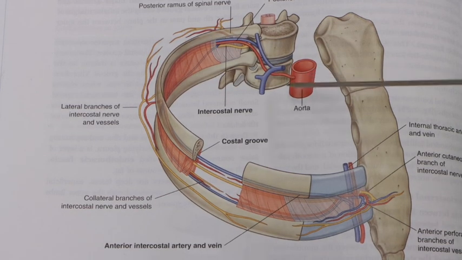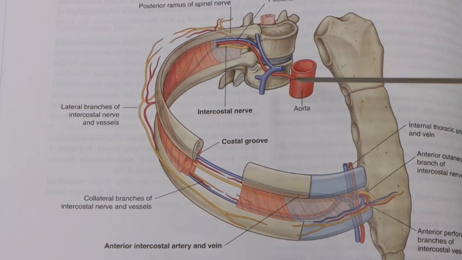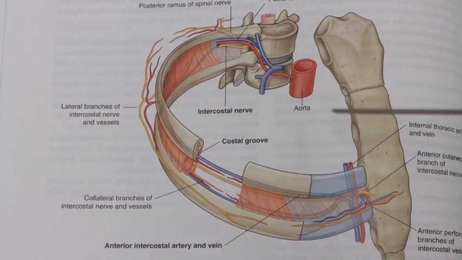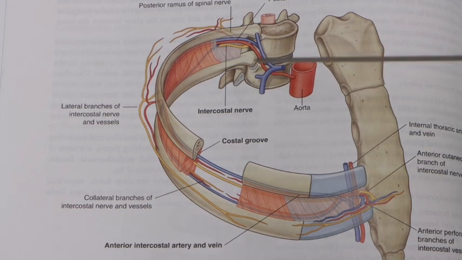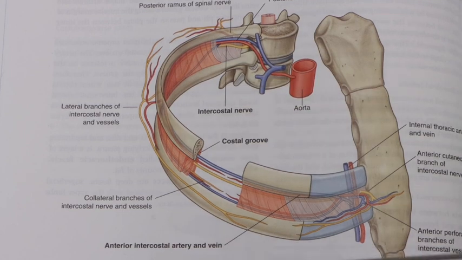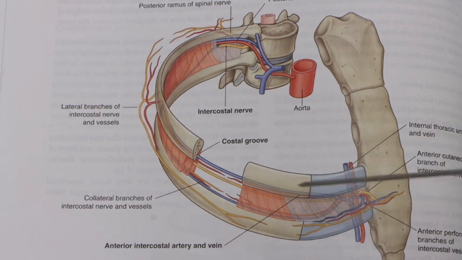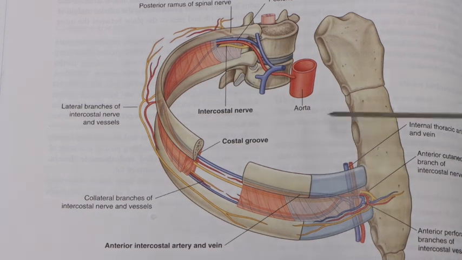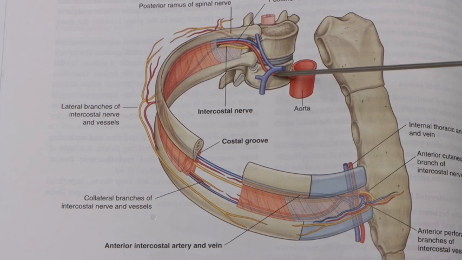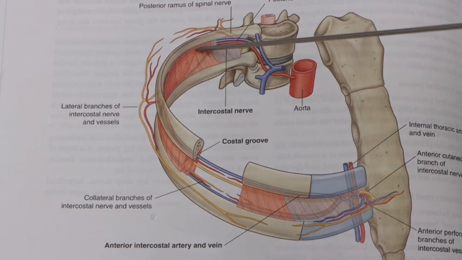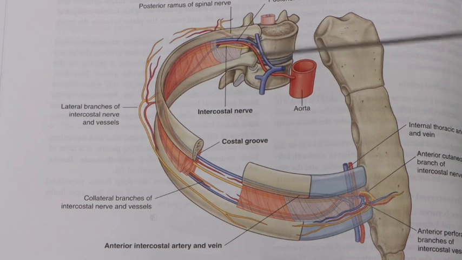So the thoracic aorta gives the posterior intercostal artery just for the 3rd, 4th, 5th, and till the 11th intercostal space, and the last one, which goes under the 12th rib, is called the subcostal artery. And as we mentioned, because the aorta is located more to the left side, the right posterior intercostal artery is longer than the left posterior intercostal artery.